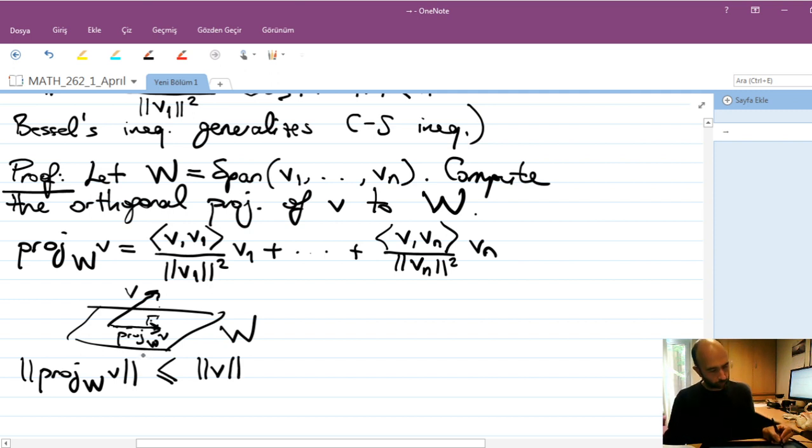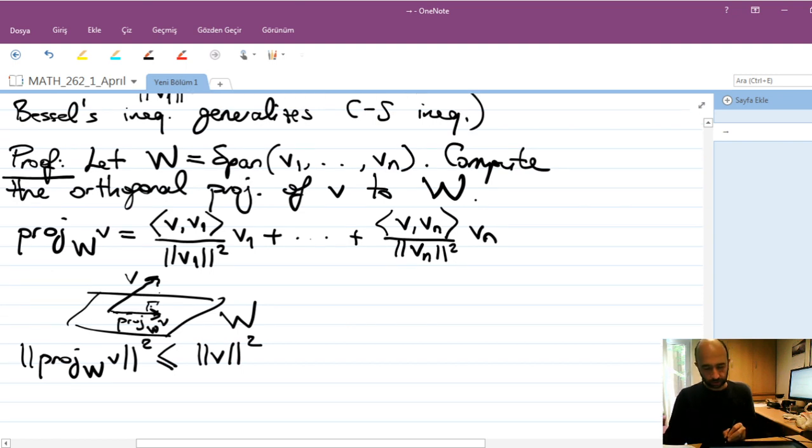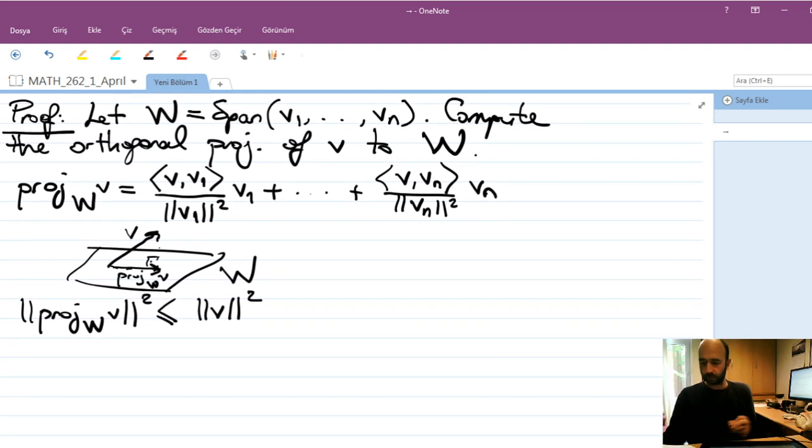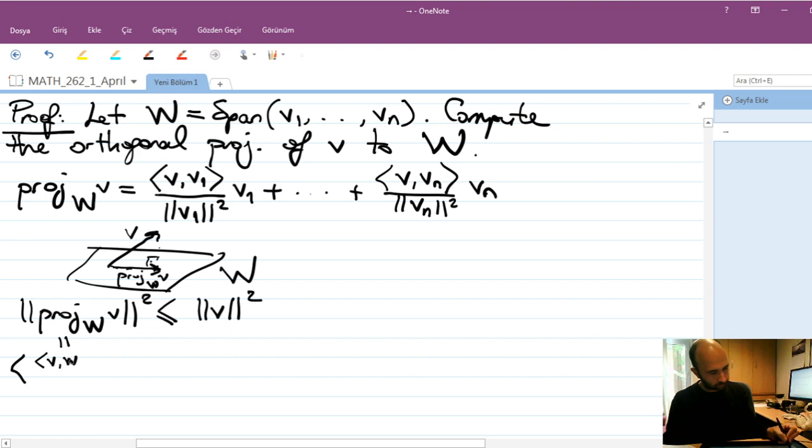Now we could square both sides without changing anything here. And let's write down what this says and we'll get the answer. So the norm square of this thing, well, you can take the inner product with itself.